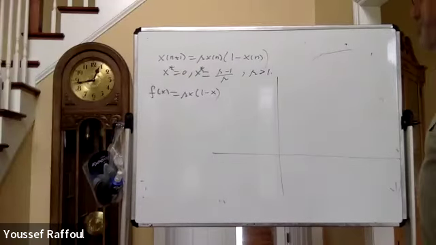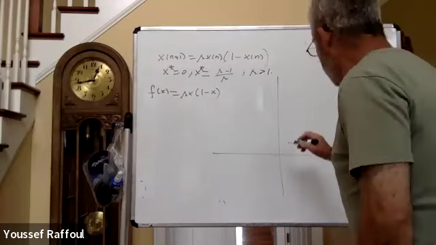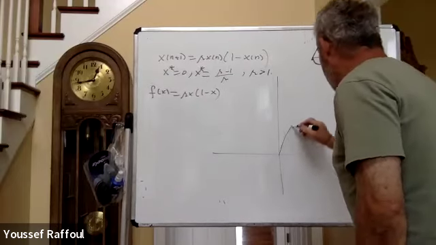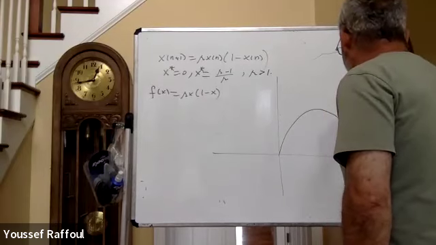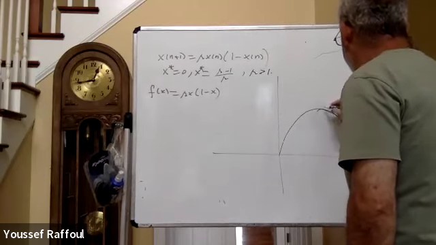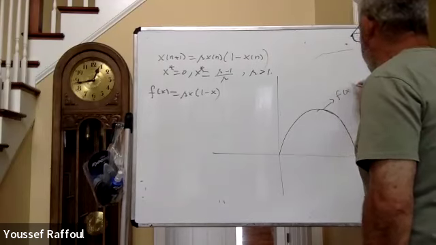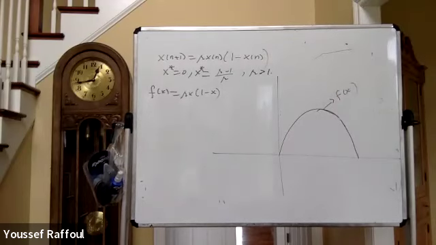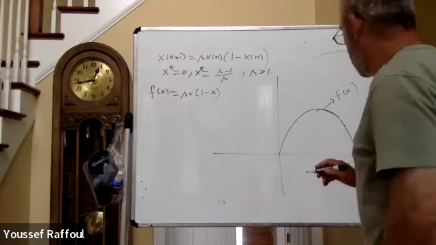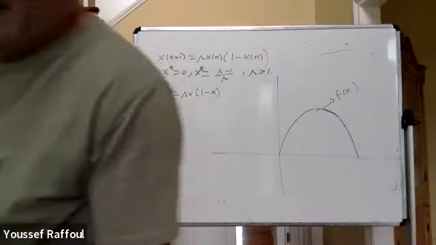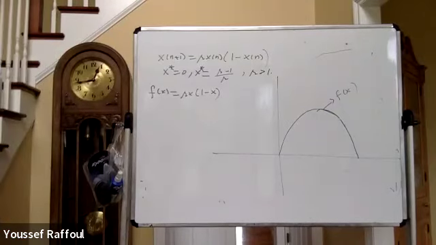Now, this is a parabola that goes like this. That is f of x.